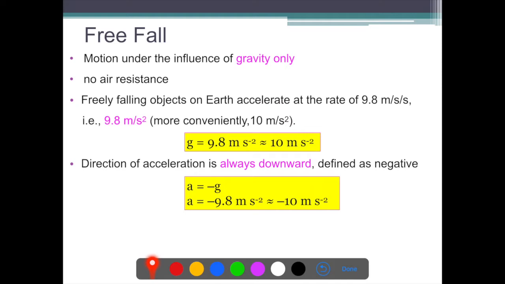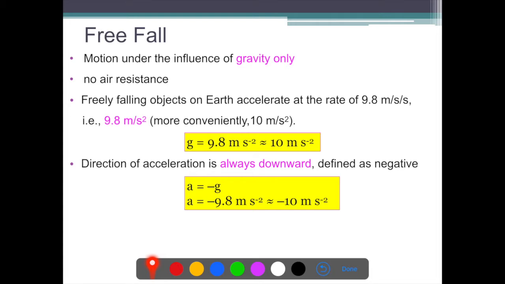So under free fall, when there's only the influence of gravity and air resistance is negligible, the acceleration of the object is constant, and we indicate that by the variable g. So the constant acceleration under free fall is g, and that's equal to 9.8 meters per second squared, or to make calculations more convenient, we can round that to 10 meters per second squared.